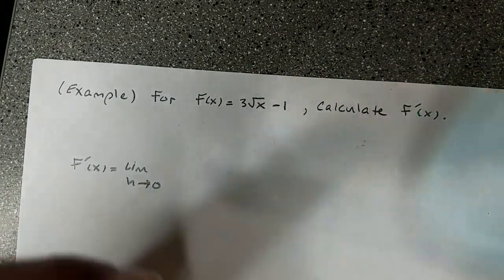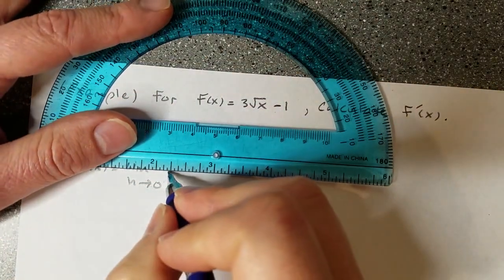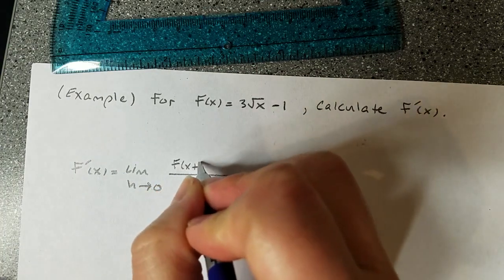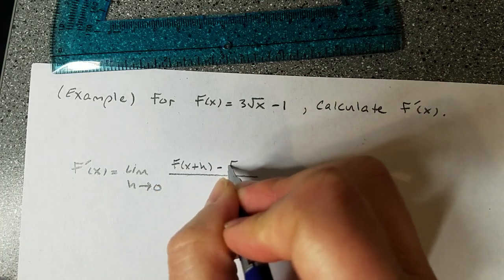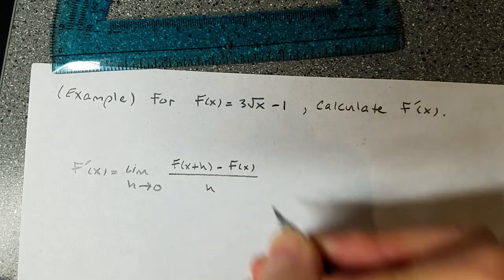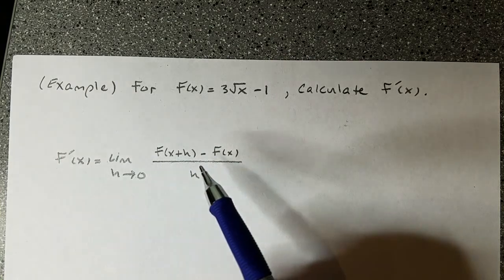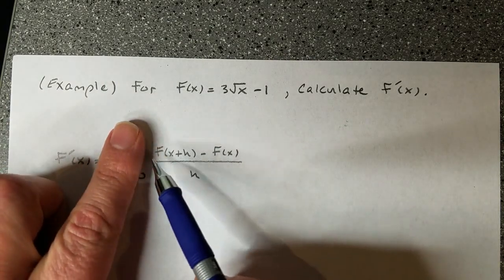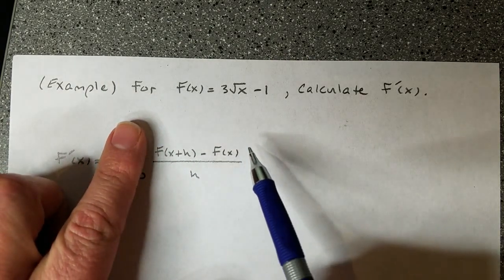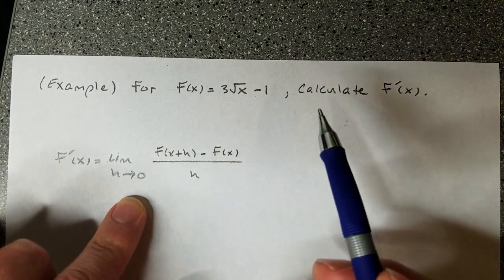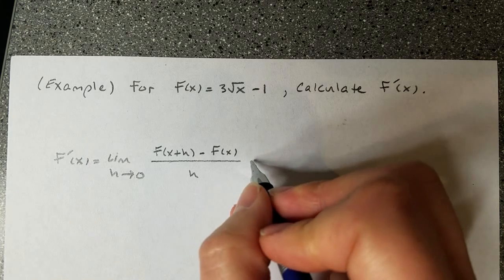I know I wrote it on the last one, but here's that formula that I introduced you to: f of x plus h minus f of x over h. What this formula does, I'll take a chance to remind you, is calculate the slope of the secant line between two distant points, and it pushes them together, therefore finding the slope of the curve.